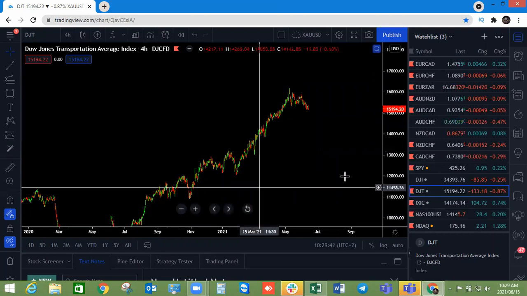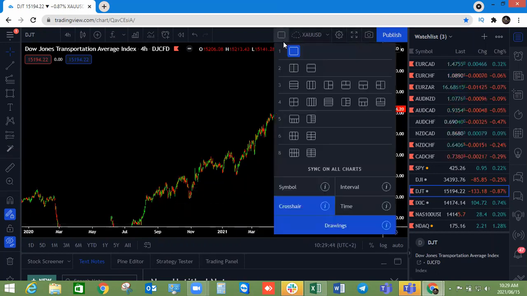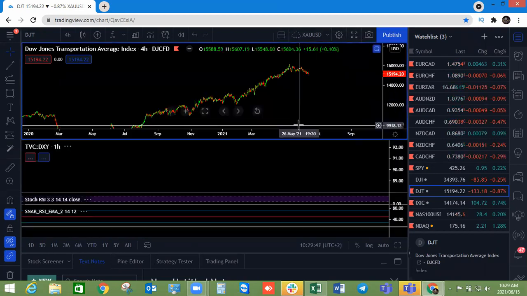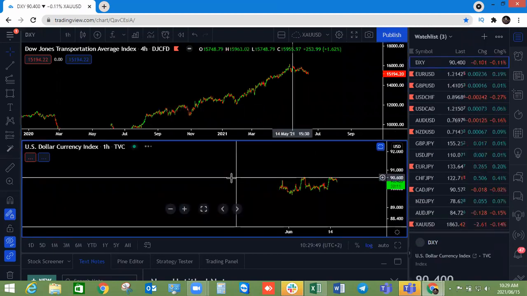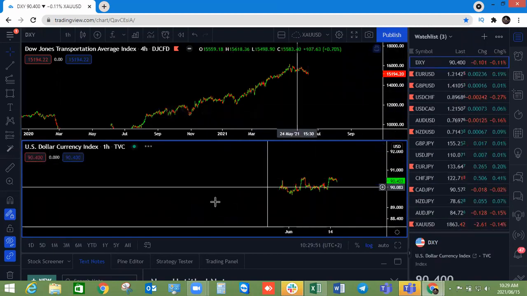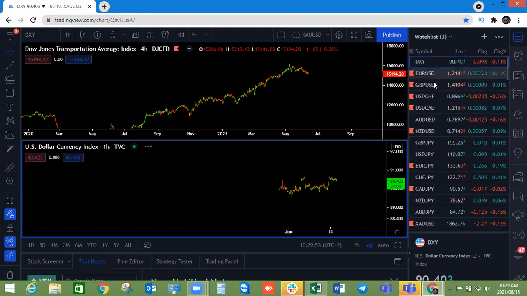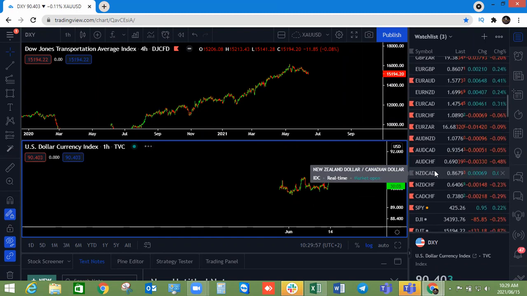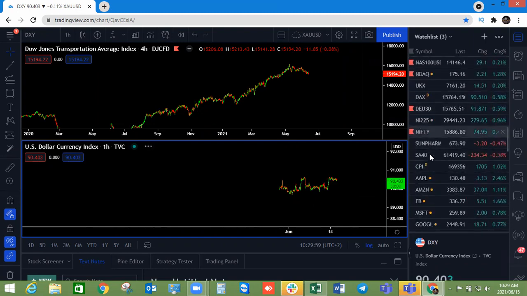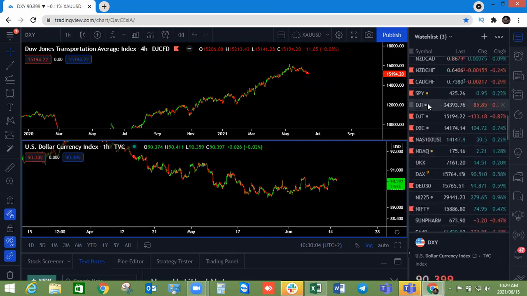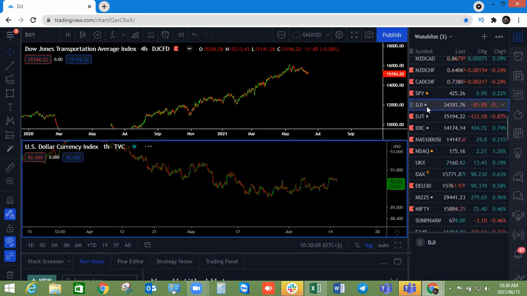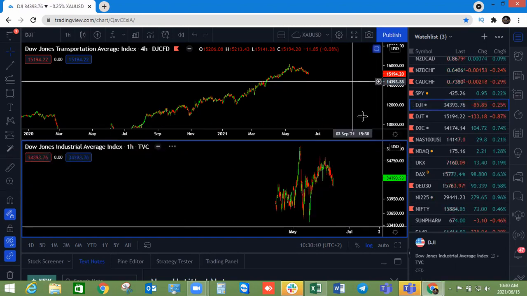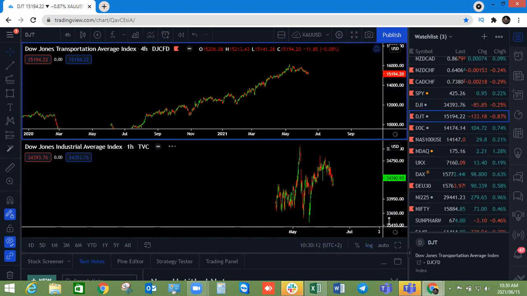I want to bring them both on the same chart. So bottom here, I want the Dow Jones Industrial. I want to see if there's any signs of reversal here. Transportation at the top, industrial at the bottom. Both of them on log.